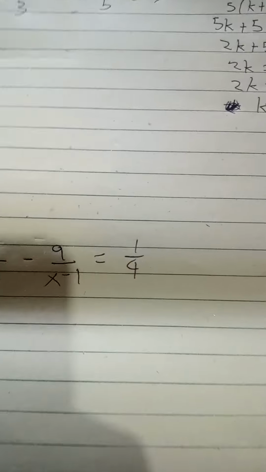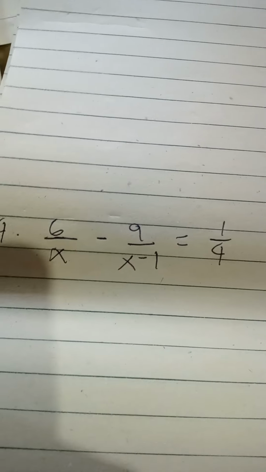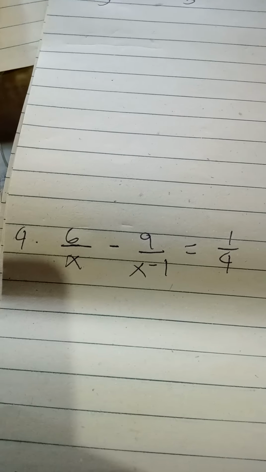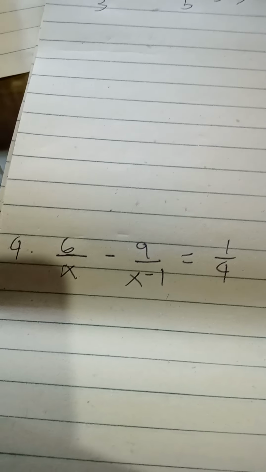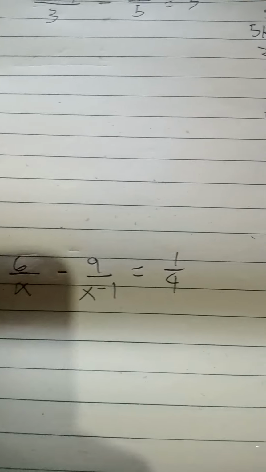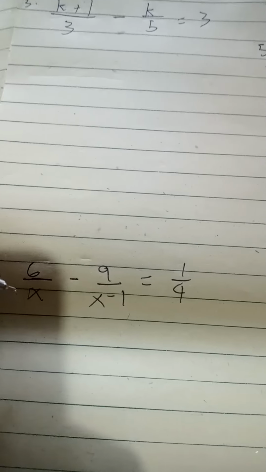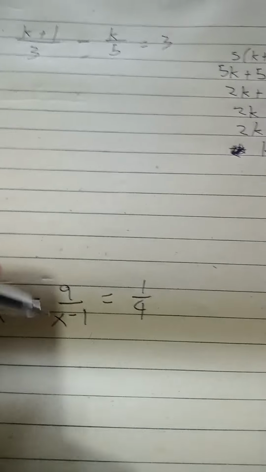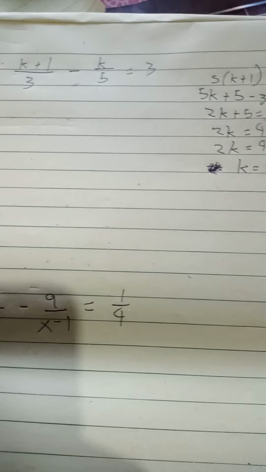And next is number 4. So our question here is 6 over x minus 9 over x minus 1 equals 1 over 4.